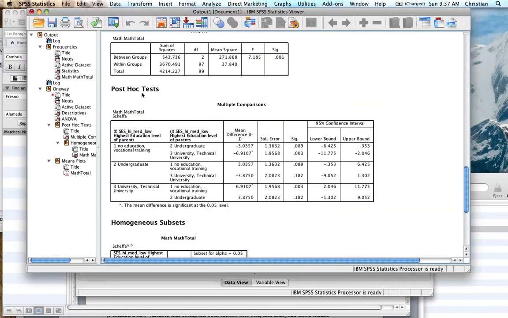Those are the post-hoc tests, and we do multiple comparisons. So we do all these mean comparisons at the same time. That's a better way to do it than having individual t-tests between each group. This is a test that runs all these comparisons at the same time. And why is this better? It's better because we don't have an accumulation of the alpha error.